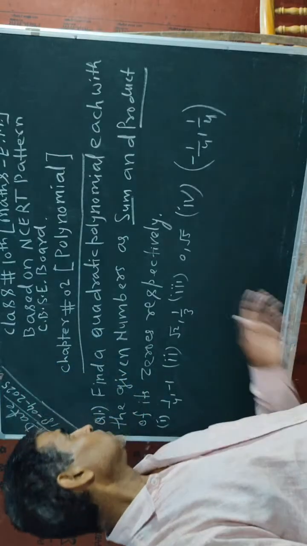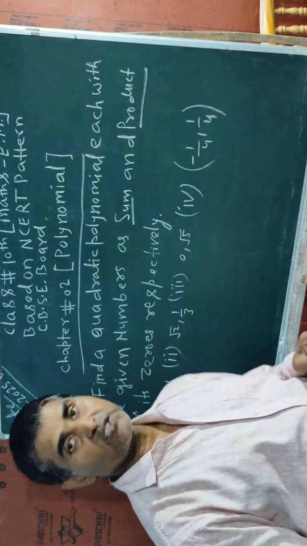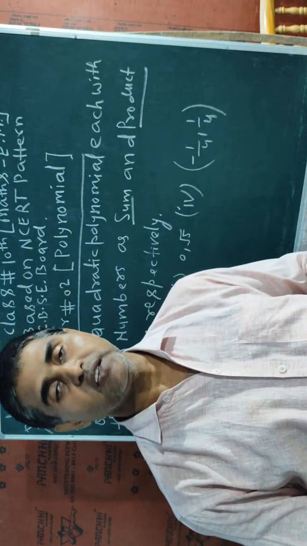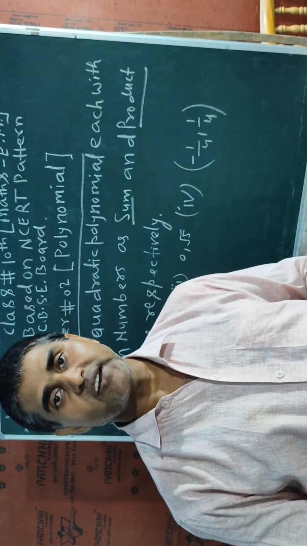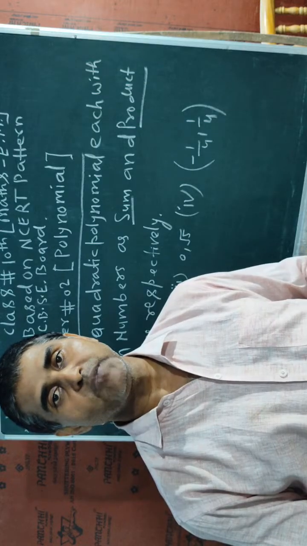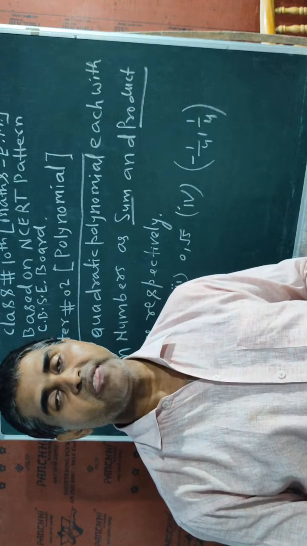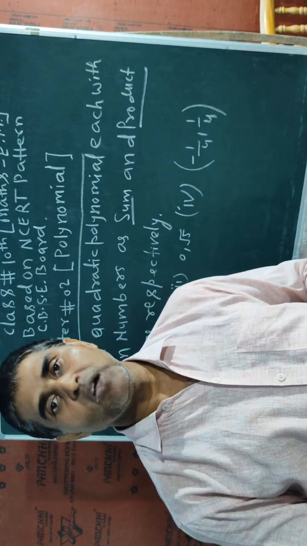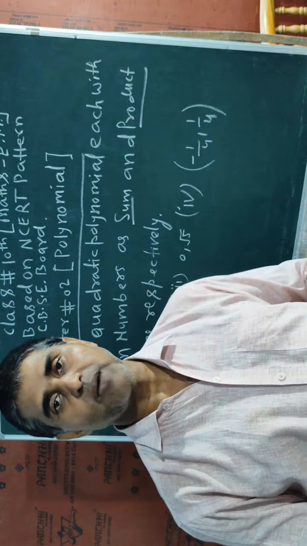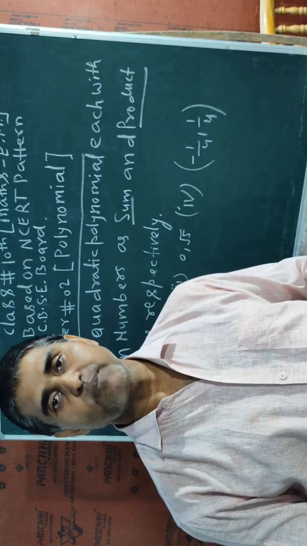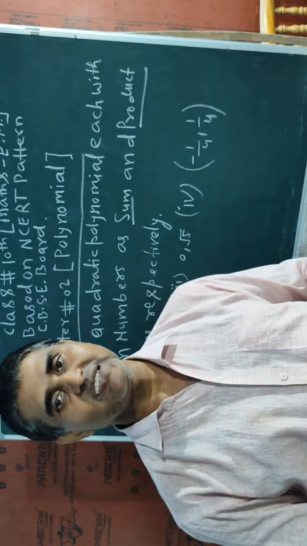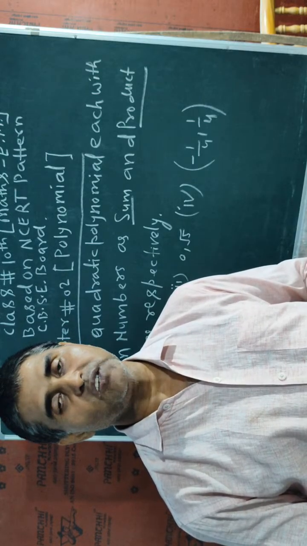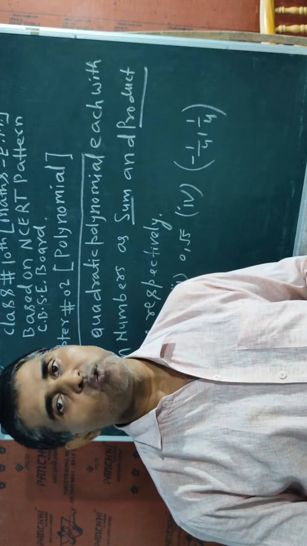Okay student, so I will write its formula, that is I will write the quadratic polynomial in the general form, and then I will put its sum of the zeros value and also the product of its zeros values, and after simplification I will get its answer, and that answer will be a quadratic polynomial. Okay student, so one by one I am going to solve it.